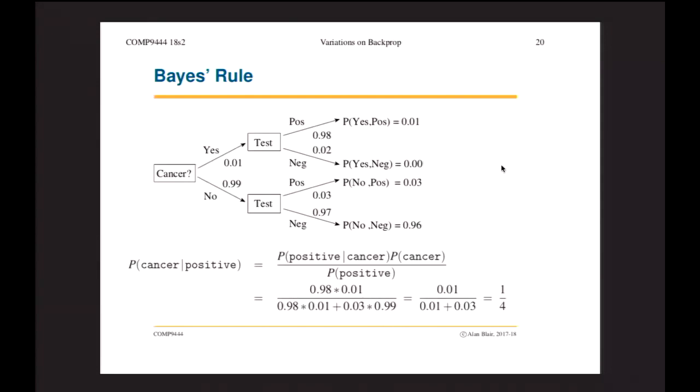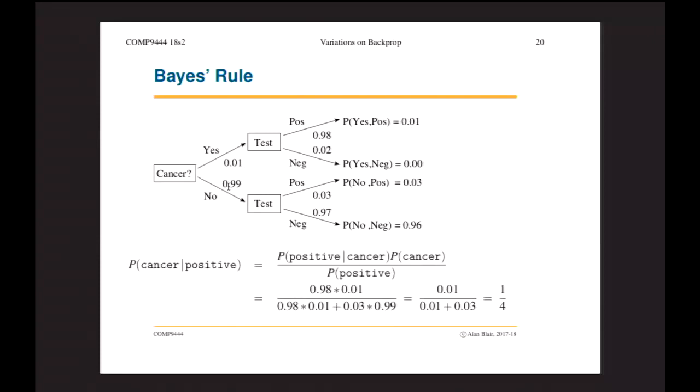So this is kind of like a Venn diagram, but we have to extract the information from these four outcomes, right? So if we ask if the test is positive, what's the probability of the person having cancer? There are two situations where the test can be positive. That's here and here. So the probability of them having cancer and the test being positive is 0.01 times 0.98, which is about 0.01.